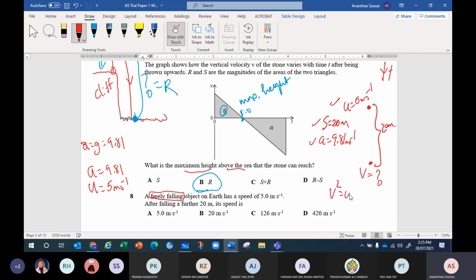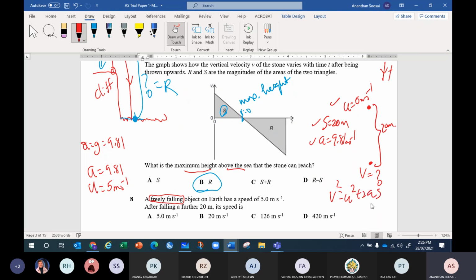V squared equals U squared plus 2AS, since time is not given. U squared is 5 squared plus 2 times 9.81 times S, which is 20 meters. Square root this value, and you get your V in meters per second.